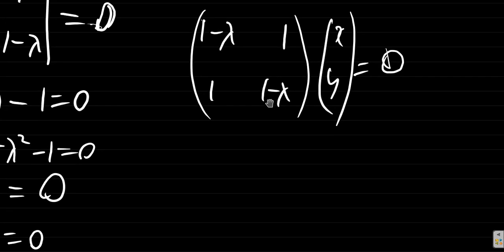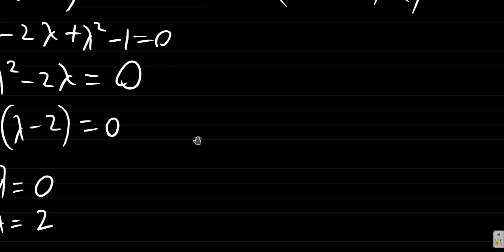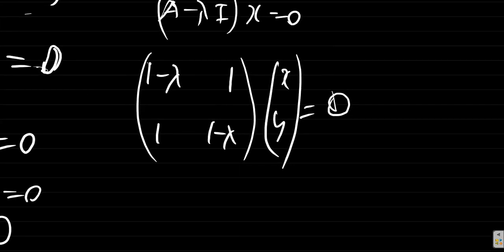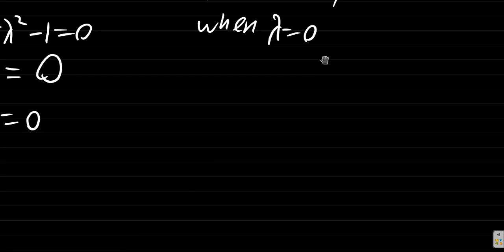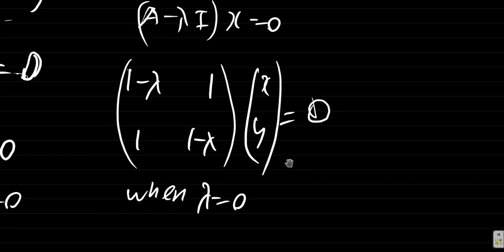Now, we have two values for lambda. Lambda equals 0 is one of them. Since we have two different values, let's call them lambda 1 and lambda 2 to show them as different. When lambda is equal to 0, what happens?